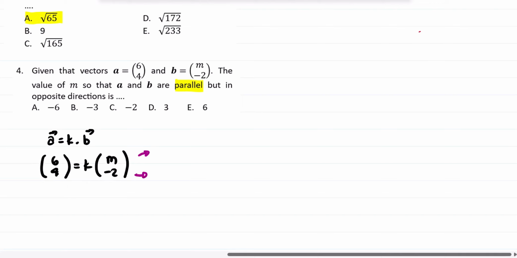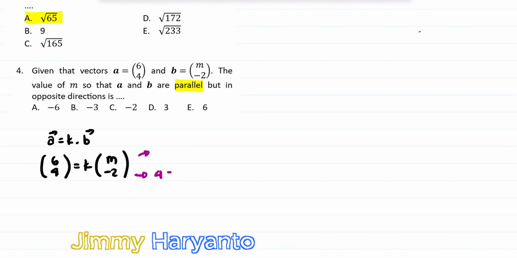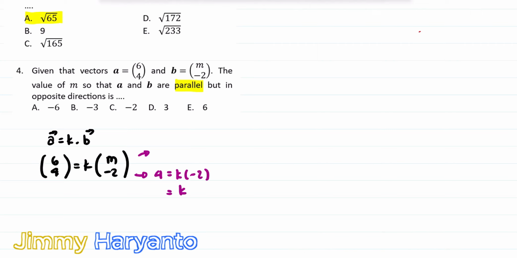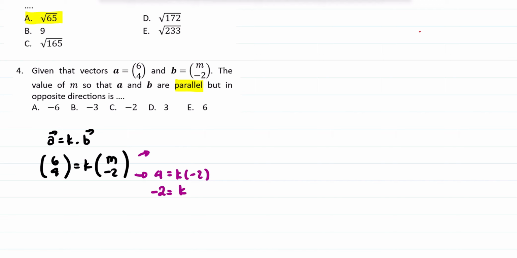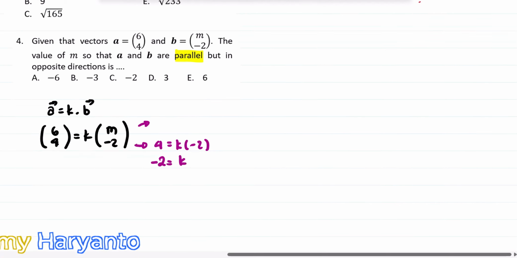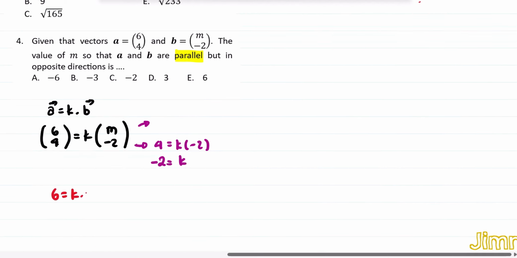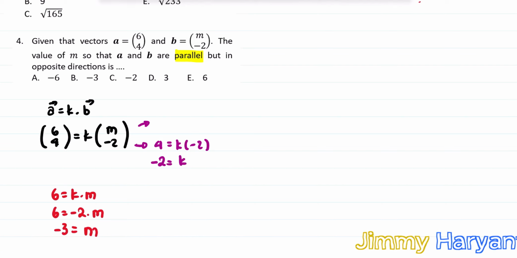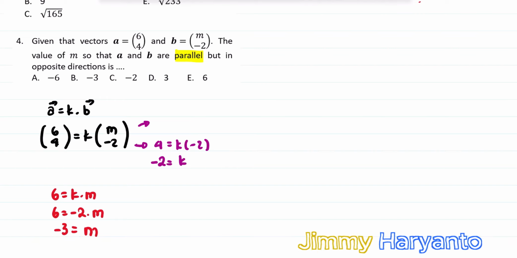I will start from the j component, that means 4 equals k times negative 2, that also means k equals 4 divided by negative 2 equals negative 2. And then for the i component, I will have 6 equals k times m. Because we already have k, we can replace it with negative 2, so m equals negative 3. The question is find the value of m, that means m equals negative 3, B.